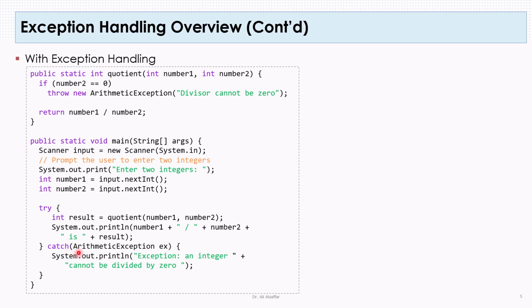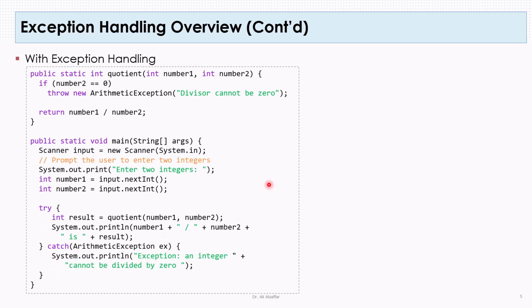So we define the object that is received in the catch statement as arithmetic exception with the name EX. So when the quotient method throws the exception object, the catch block will receive it by the name EX. In simple words, when the quotient method creates the exception object, and this exception occurs, the catch block will receive this object by the name EX, so that the catch block can handle this object.